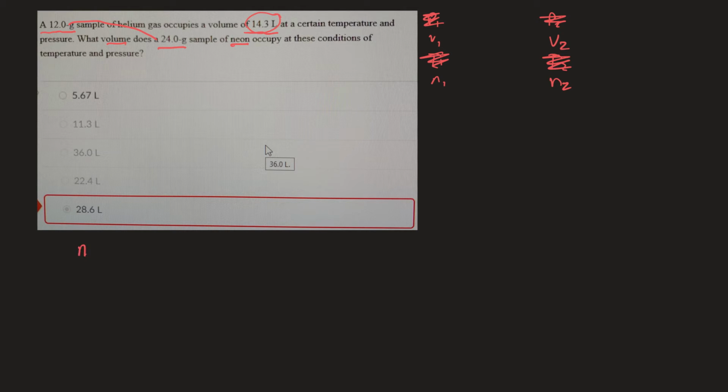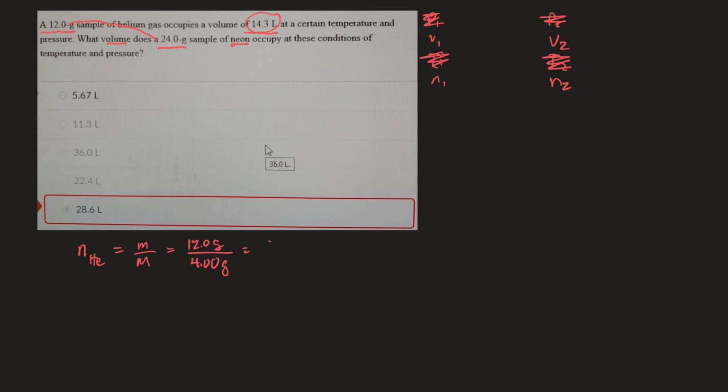So moles of helium is equal to mass over molar mass. The mass is 12.0 grams. The molar mass of helium, I think, is 4 something. Let me pause and find that. Yeah, it's 4.04 or 4.00 grams.